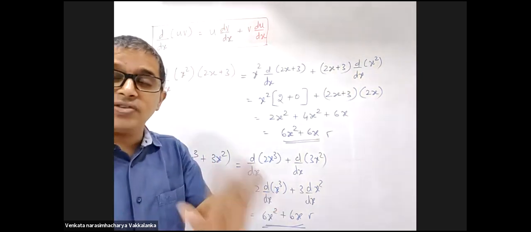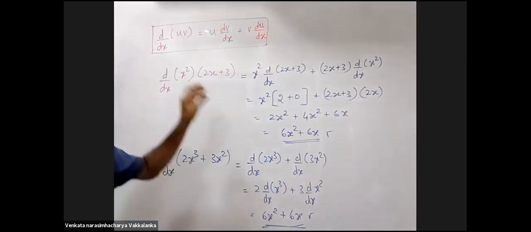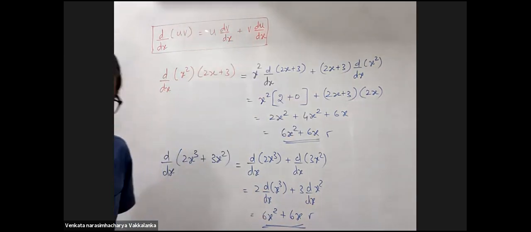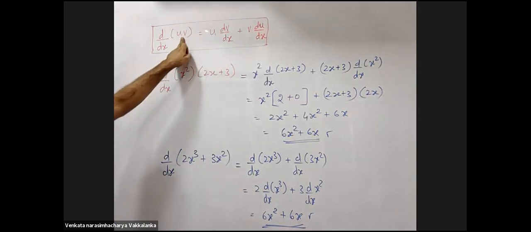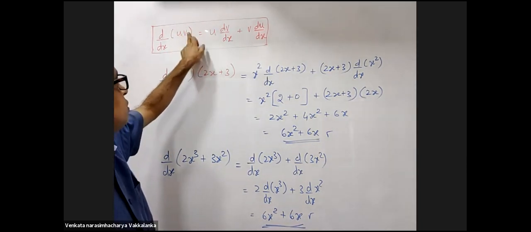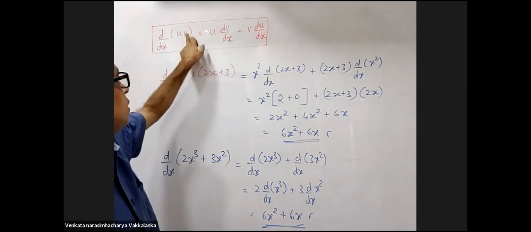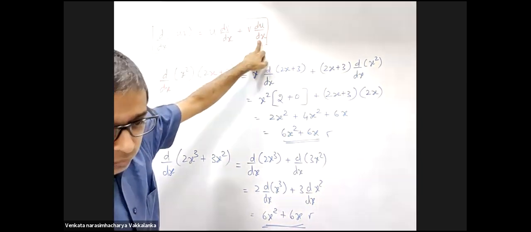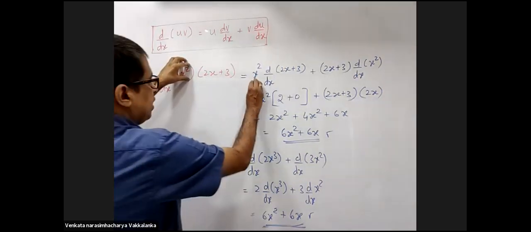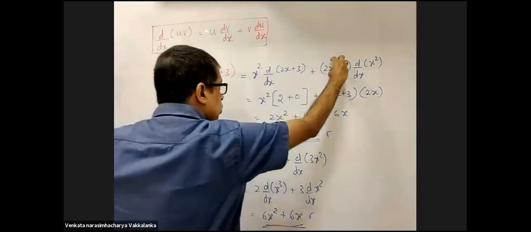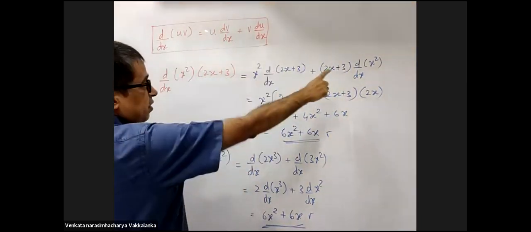Though differentiation of sin x is not a thought now, there will be a day when using u into v will become a necessity. Hence, in the product rule, first I will keep u as it is and differentiate v. Then I will keep v as it is and differentiate u. I kept x square as it is and differentiated this. I keep 2x plus 3 as it is and I differentiate x square.